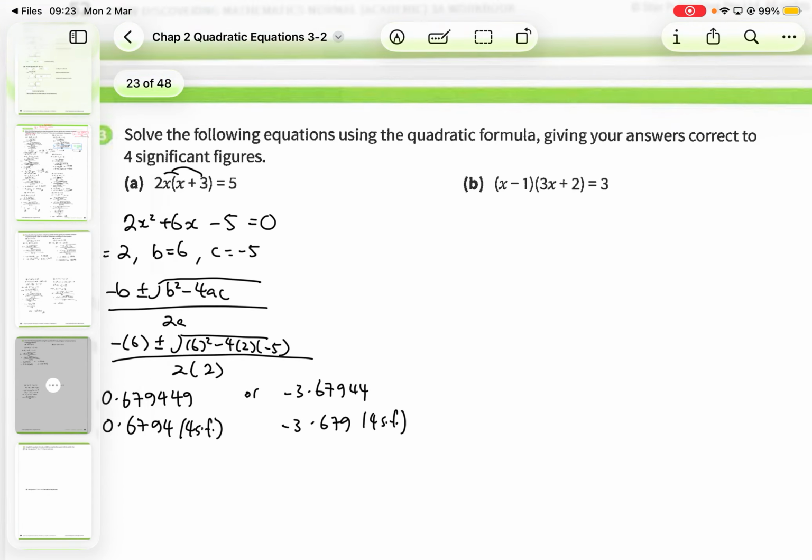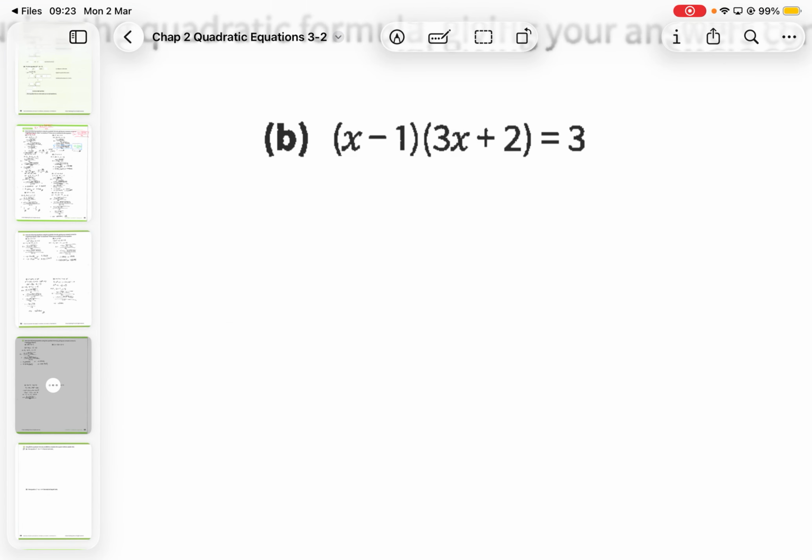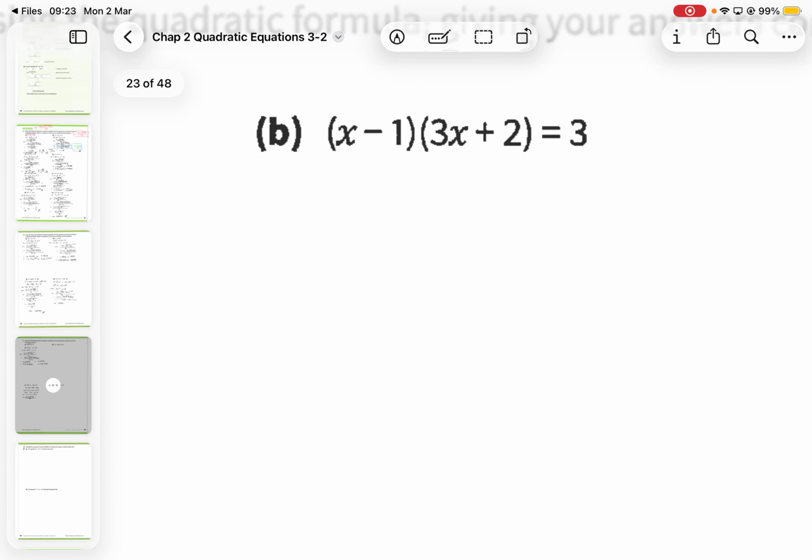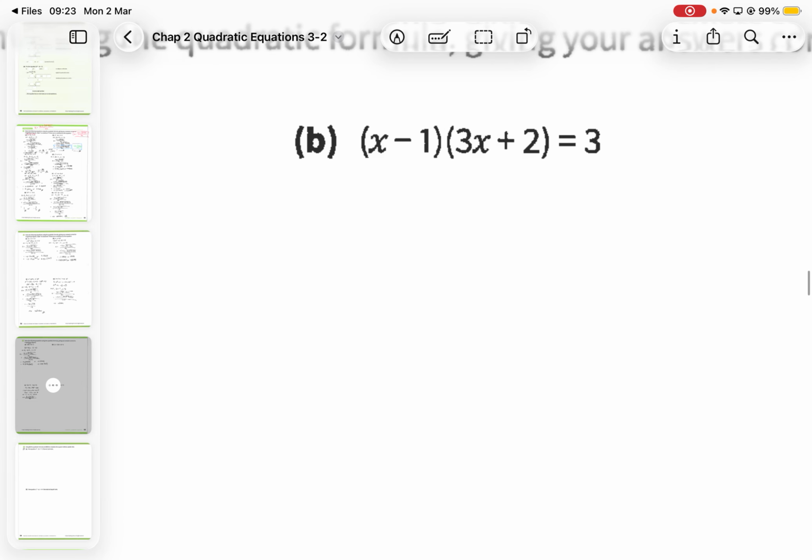Okay, when I look at part B, the question wants me to use my quadratic formula. Before I can use my quadratic formula, our terms should be all on the left. Right hand side should only have 0.